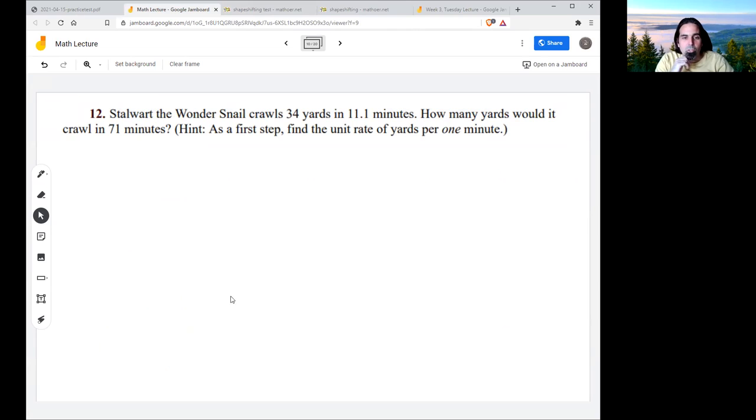Okay, Stalwart the Wonder Snail crawls 34 yards in 11 minutes. And the hint is to try and start with finding yards per minute. Then, how many yards would it crawl in 71 minutes?